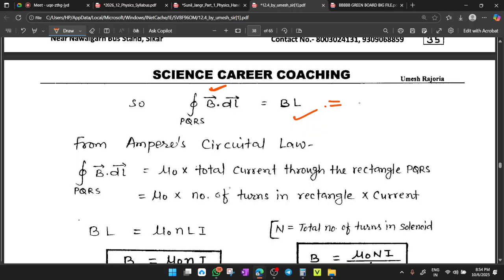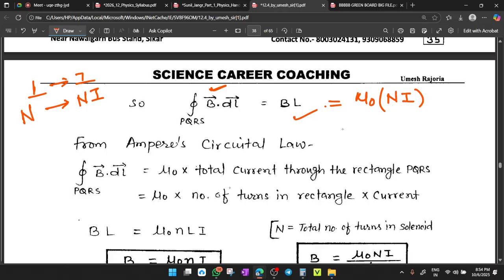Now this B dot dl equals mu naught into I. But there are capital N turns. So you can write the total current: for 1 turn there is I current, so for N number of turns there will be a current of capital NI. Agree or not agree? For 1 turn there is a single current I, so for capital N turns there is NI.